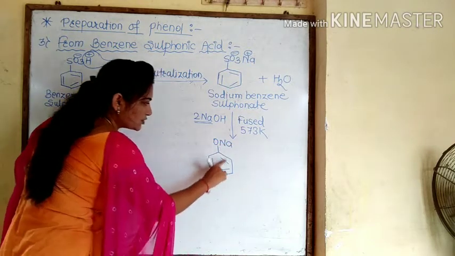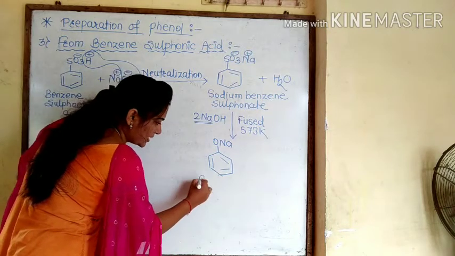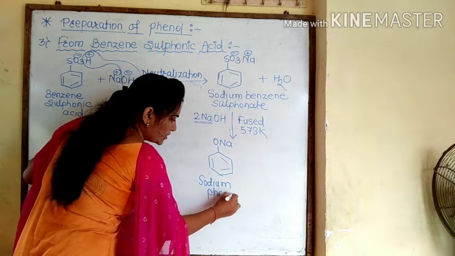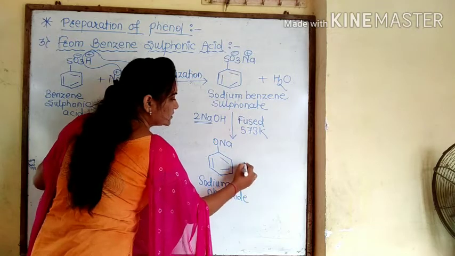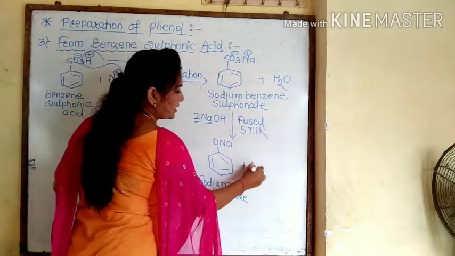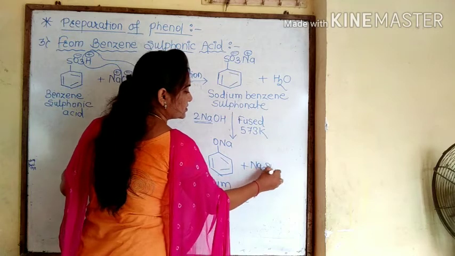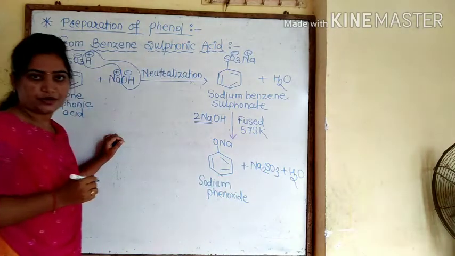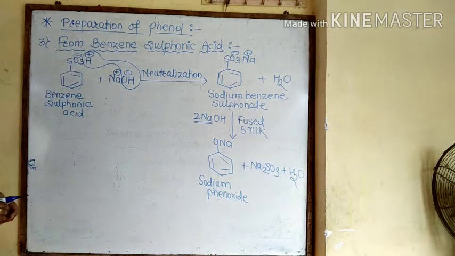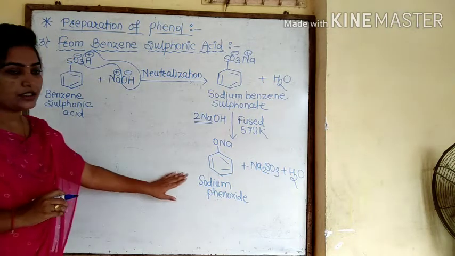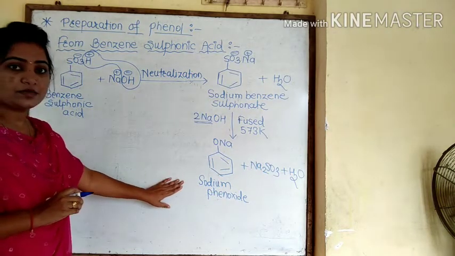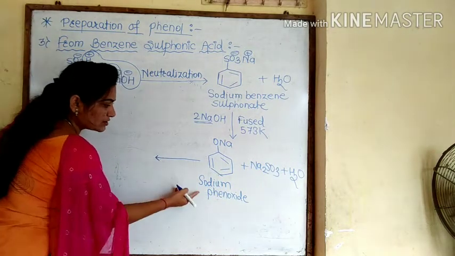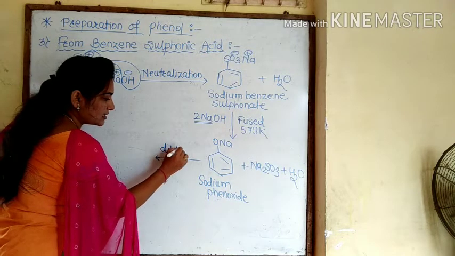So we get formation of ONa, that is sodium phenoxide, with the loss of Na2SO3, sodium sulfite, plus again loss of H2O molecule. So here is formation of sodium phenoxide. Now this sodium phenoxide again reacts with a mineral acid like dilute HCl.